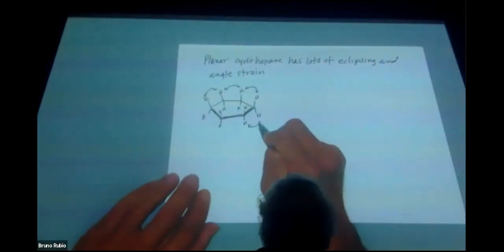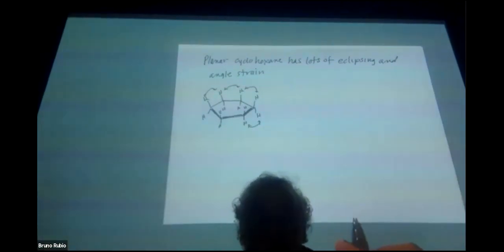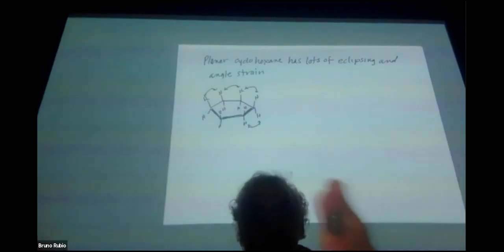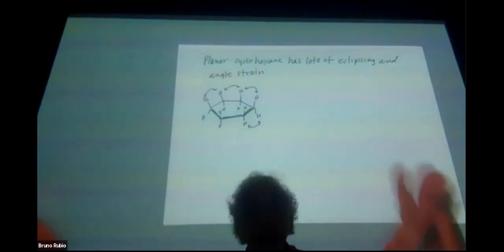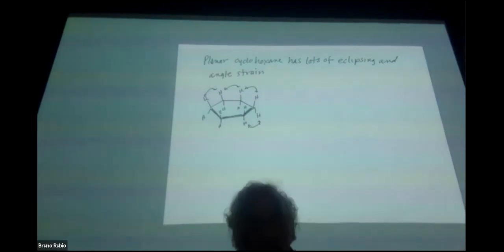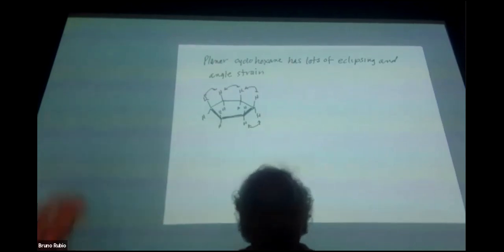You have just tons and tons of eclipses here, and all of those provoke a bad strain interaction. Not only that, but for planar cyclohexane, what's the interior angle of a hexagon? 120 degrees. That's a deviation from ideality. So planar cyclohexane does not exist. It has way too much strain energy.